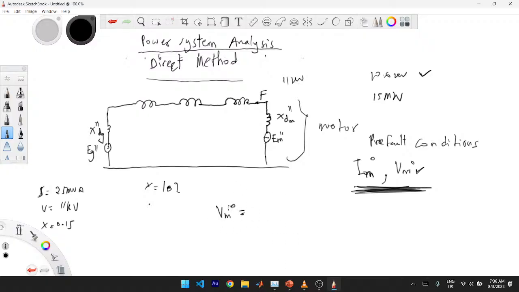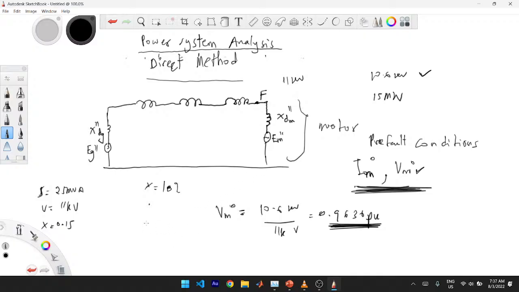So in per unit, the pre-fault voltage will be 10.6 kilovolts over 11 kilovolts. That gives 0.9636 per unit. So what are we doing? We are finding pre-fault conditions, like before the fault occurred. What is the per unit voltage and per unit current there? Then now that the fault has occurred and they are all feeding into the fault, what will the current be?